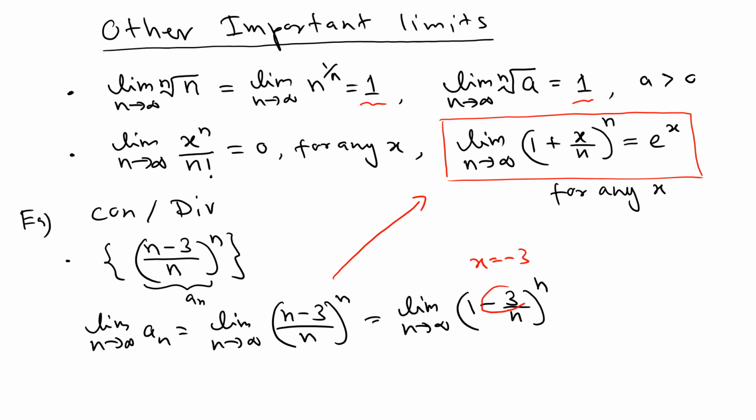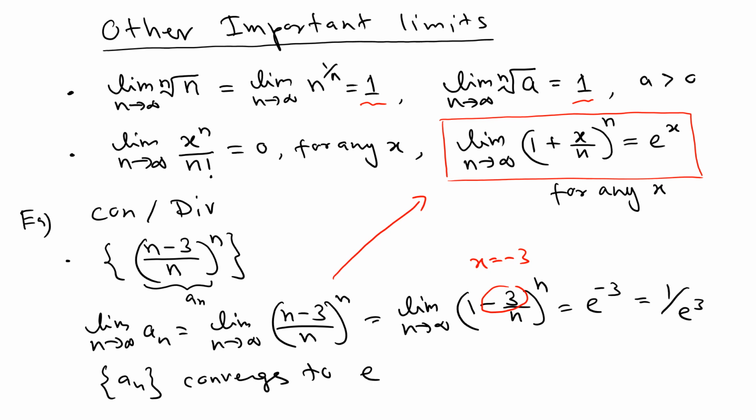So that's x with the negative sign. That means this is simply equal to e to the negative 3, or 1 over e cubed. This is a finite number, so the sequence has to converge to that value. You can say the sequence a_n converges to e to the negative 3. Very good.